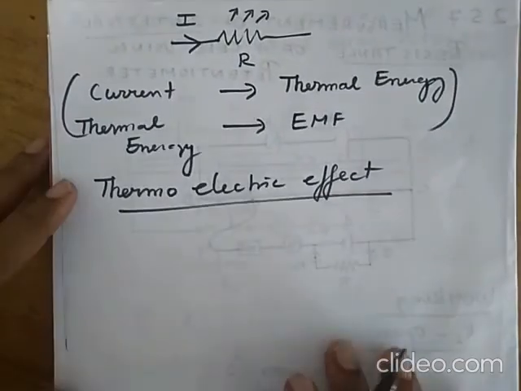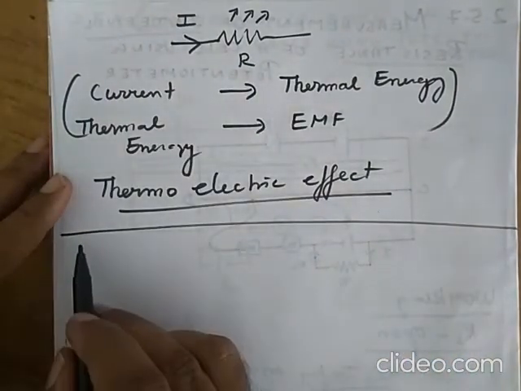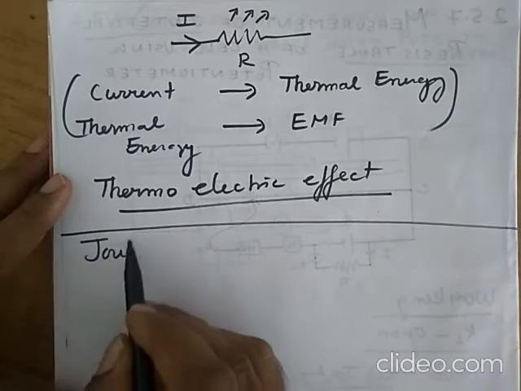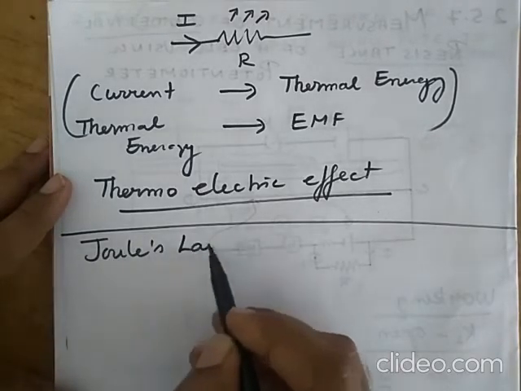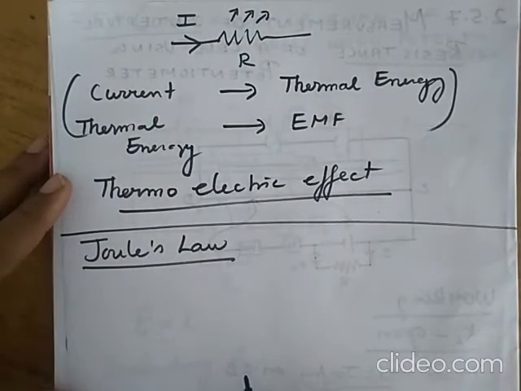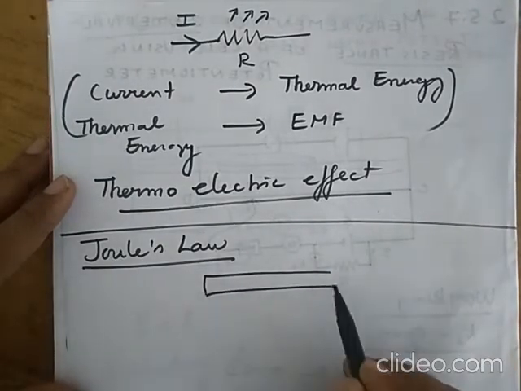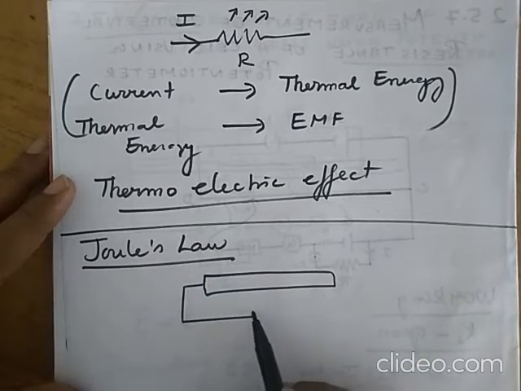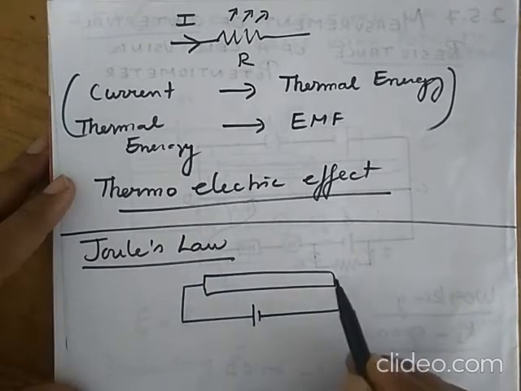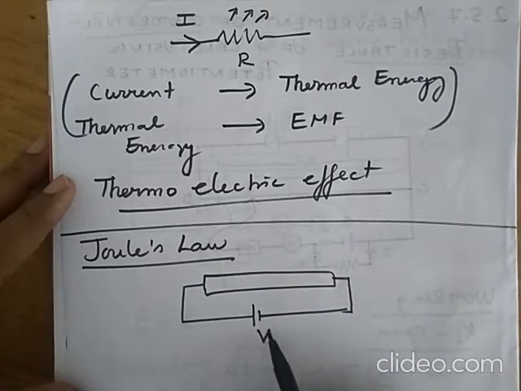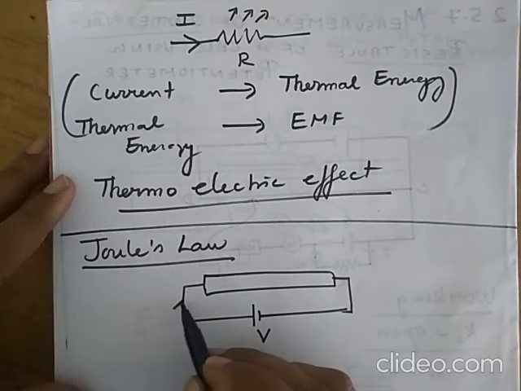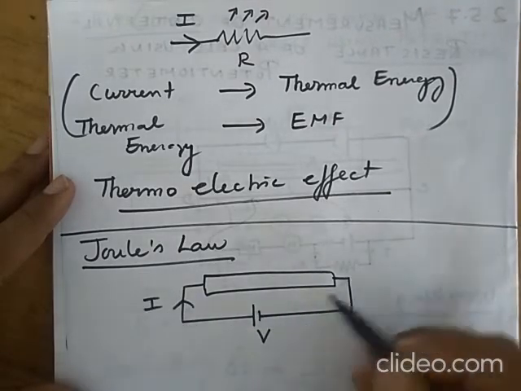Then next we see a new topic, Joule's law. Listen, here I consider a conductor. That conductor is connected with a cell providing potential difference V. After connection, the current is flowing through the conductor.